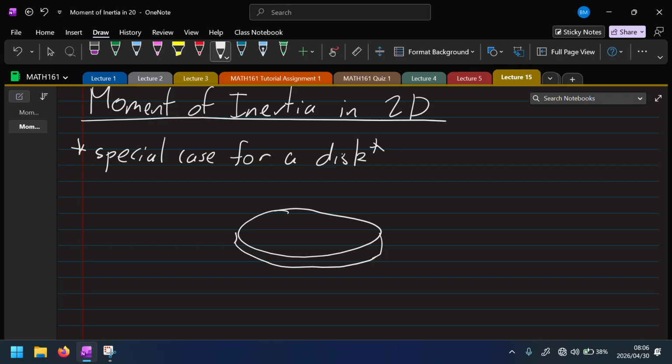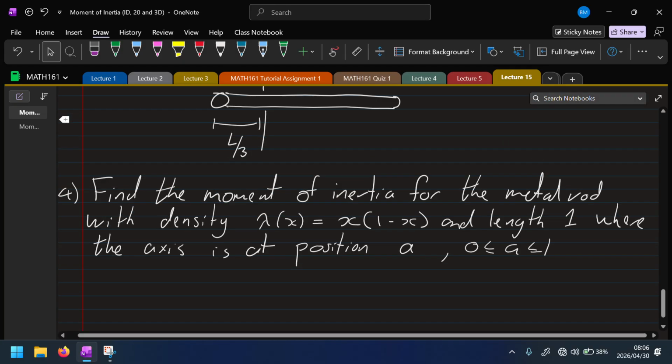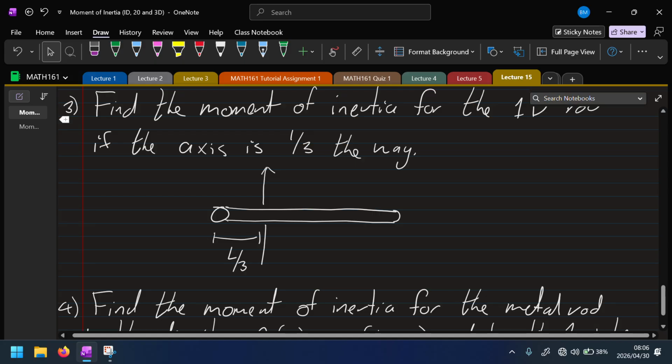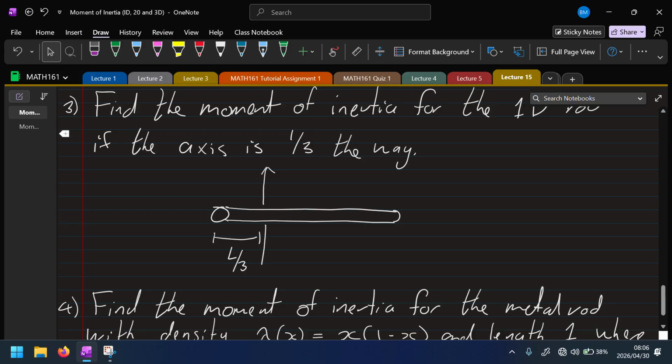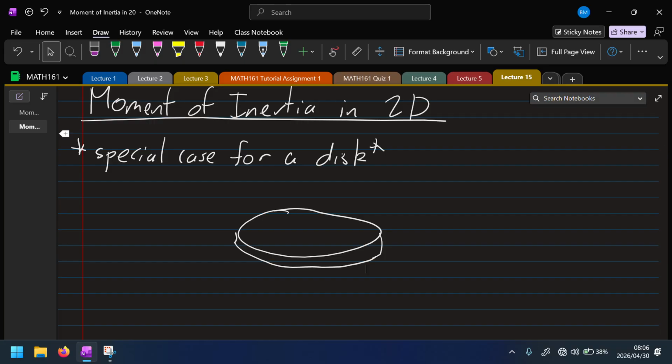We're not going to do any offset axes for this 2D case, but for the 1D case it'll be something like that, where the axis is off center. But for 2D, it's always through the middle. So we've got the axis through the middle there, and we're going to rotate this around the axis.